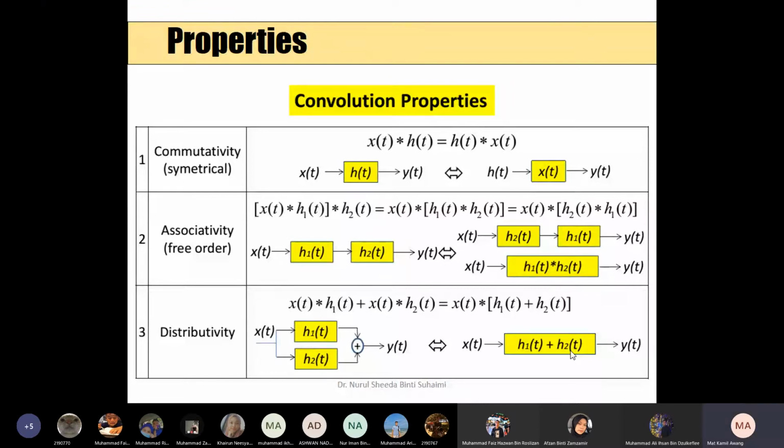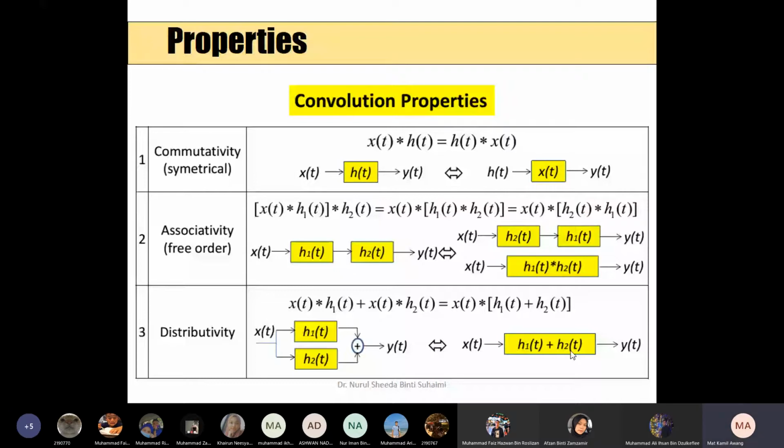The second one is associative. It's a free order. You can order in any way you want. If you have three functions, x of t, h1 of t, and h2 of t, you can have x of t convolve with h1 of t first, then convolve with h2 of t, or you can do h1 of t convolve with h2 of t first, then x of t convolve with the result of that.